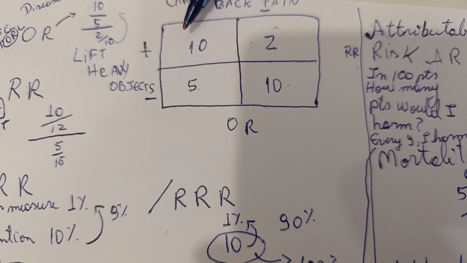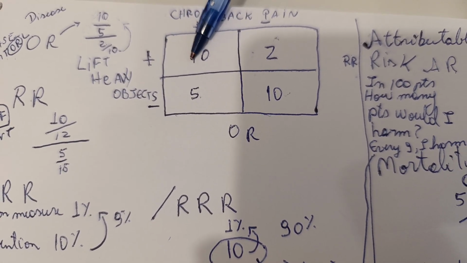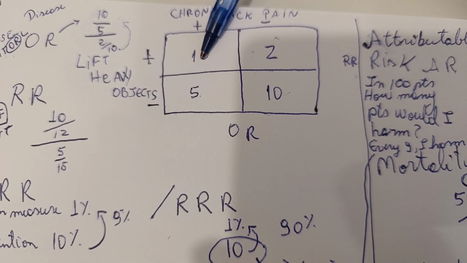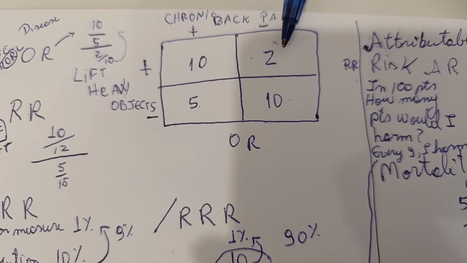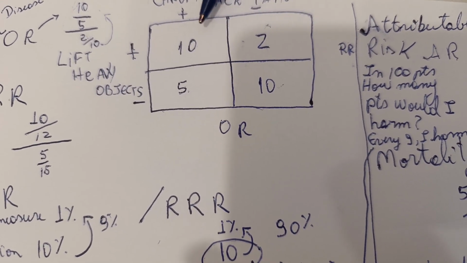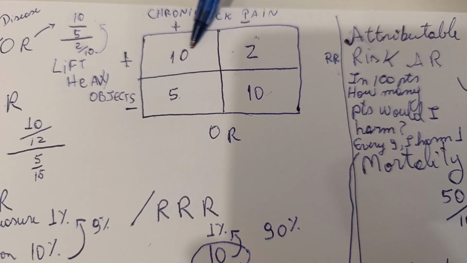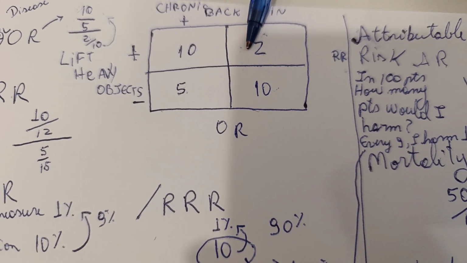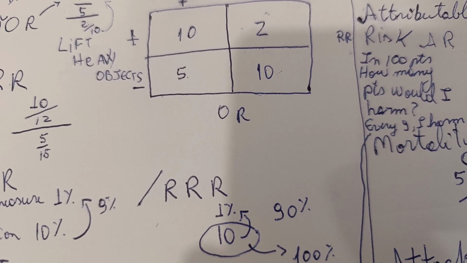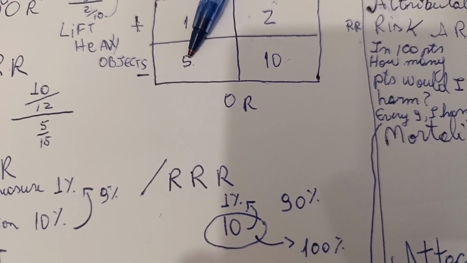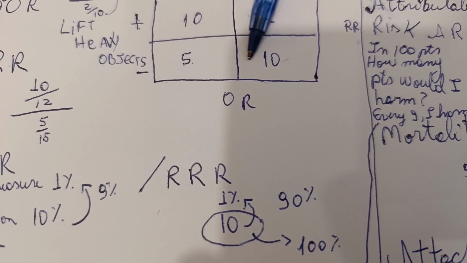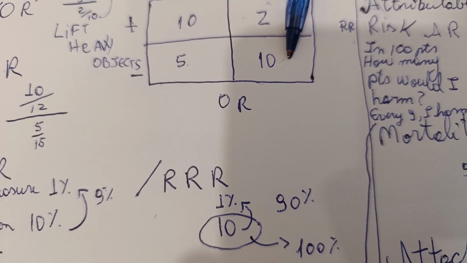So out of 10 people that lift heavy objects, 2 don't lift. So 10 out of 12 people that lift, and in this case 5 out of 15 people don't have.